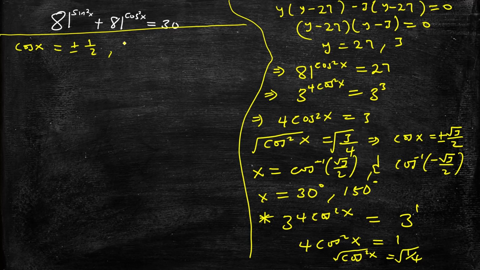Therefore x is cos inverse of half, which is 60, and also cos inverse of minus half, which is 120.